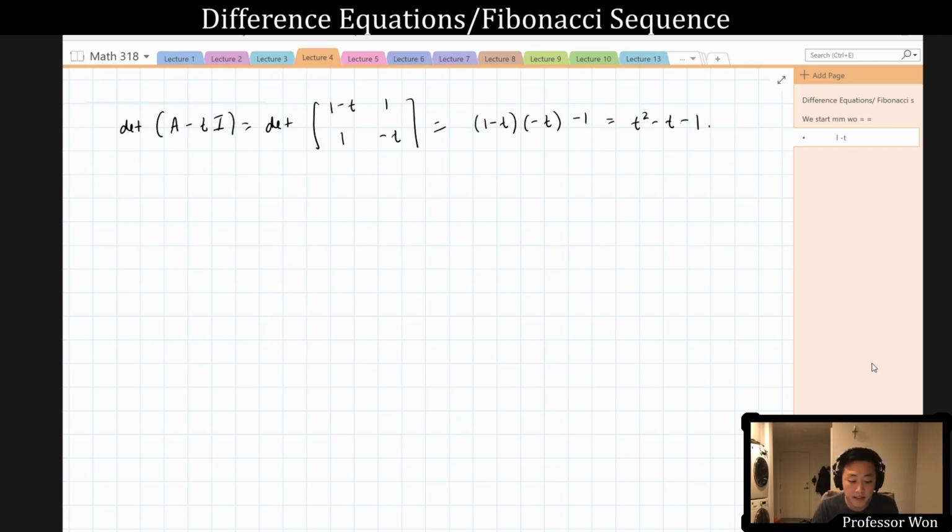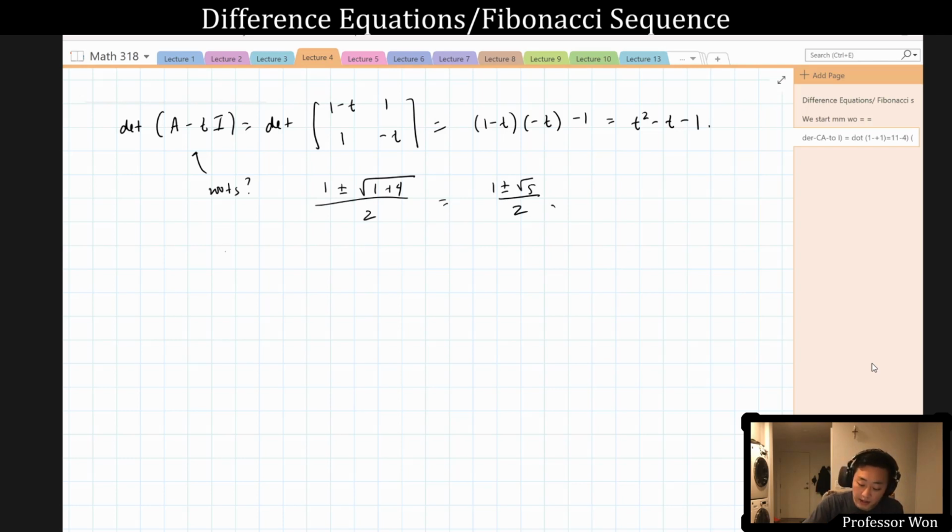That's the characteristic polynomial. To find the eigenvalues, you want to find the roots. This is a quadratic polynomial, so we can use the quadratic formula. The roots are given by 1 plus or minus the square root of b squared minus 4ac, which is 1 plus 4, over 2. So it's (1 plus or minus root 5) over 2.